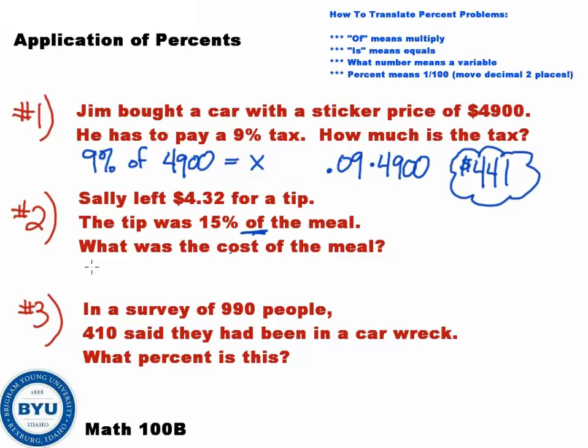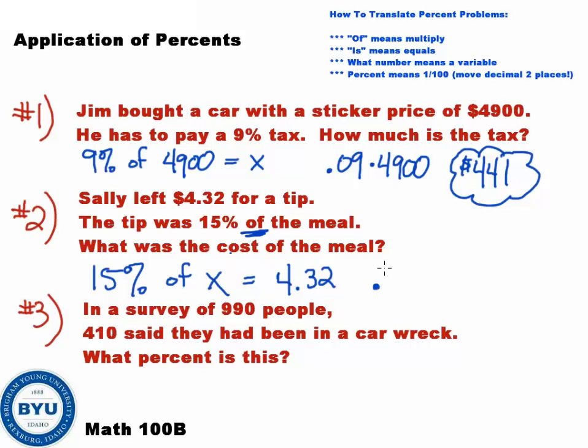Okay, so let's take a look at number 2. Sally left a $4.32 for a tip. The tip was 15% of the meal. What was the cost of the meal? So here we have 15% of what, the cost of the meal, equals $4.32. So 15% of the cost of the meal was $4.32.